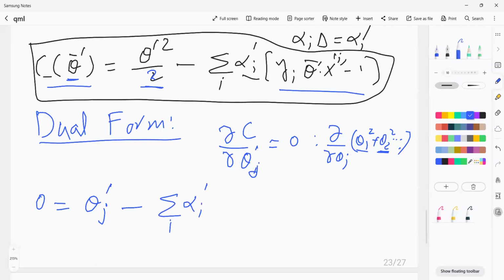Sum over i of alpha i prime, and when I take the derivative of this part, yi is just as it is. And then remember this theta dot x is an inner product between theta and x. So when I take its derivative with respect to theta j, I'm only left with theta prime j, and over here we will have only the x j. So the jth part survives, and the derivative of minus 1 is 0. So we are left with this thing.